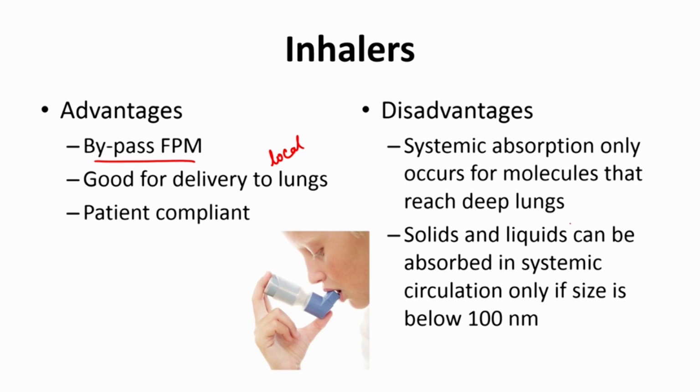And obviously the solids and liquids will only be absorbed into the system if they are below 100 nanometer. Anything greater than 100 nanometer is going to localize to the lung, it won't be able to pass through the lung. And again we will discuss why in upcoming slides, but these are some of the disadvantages when you are looking at inhalers.